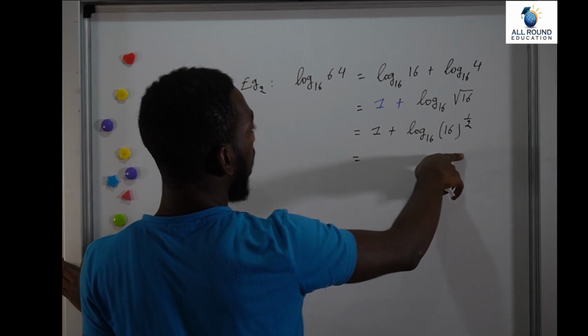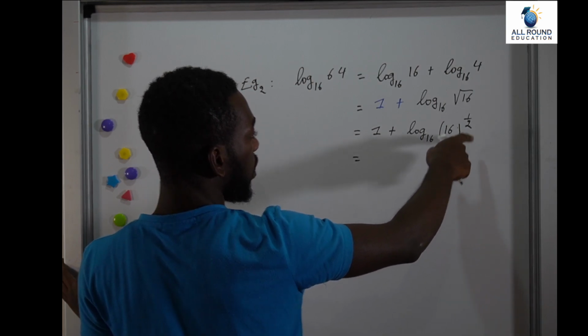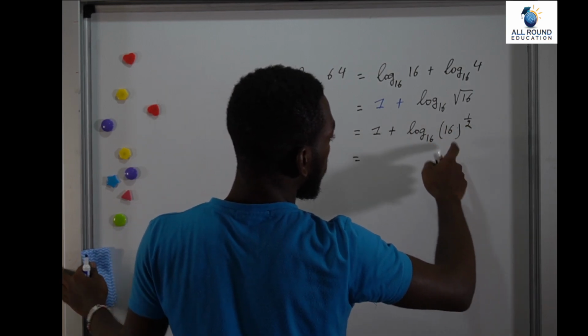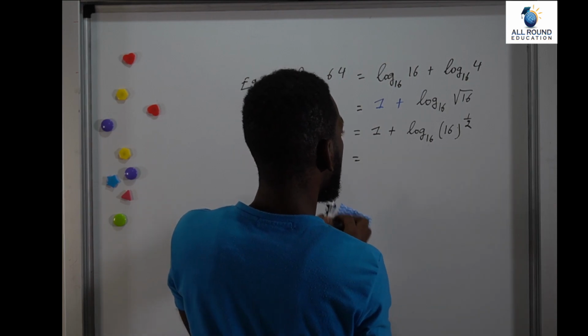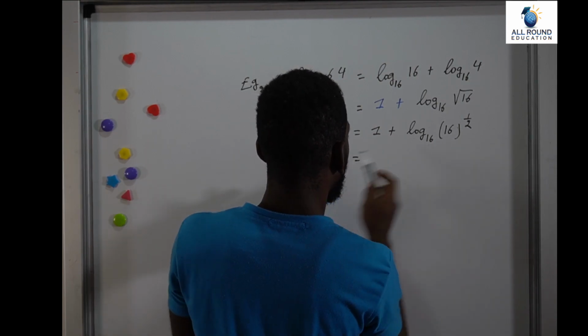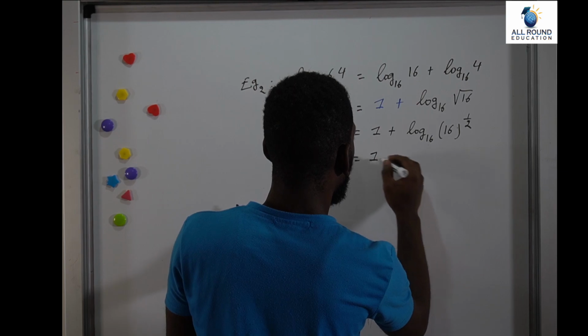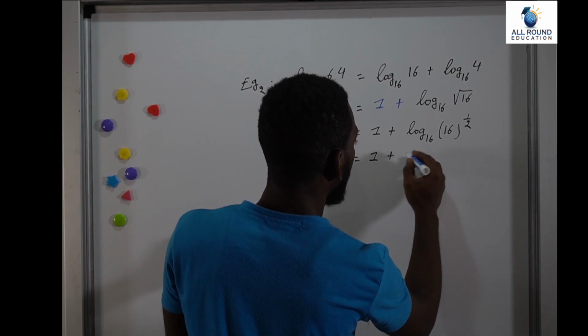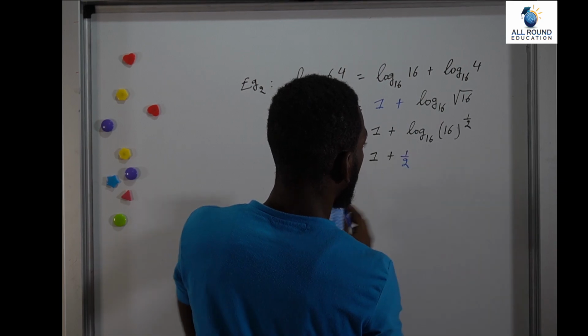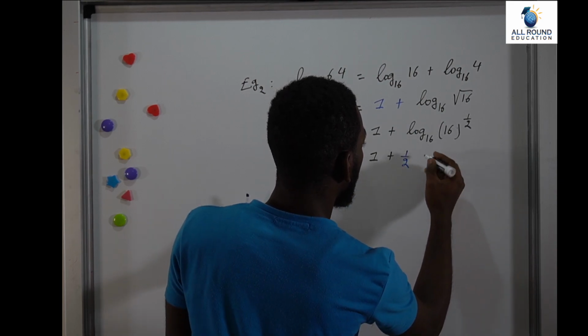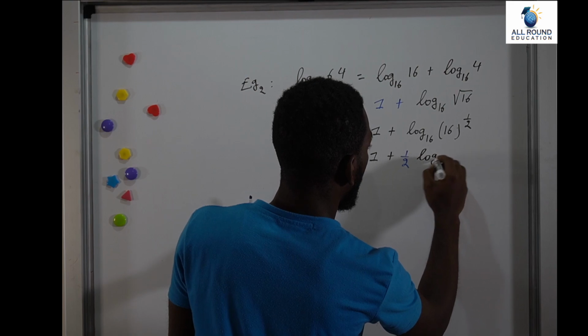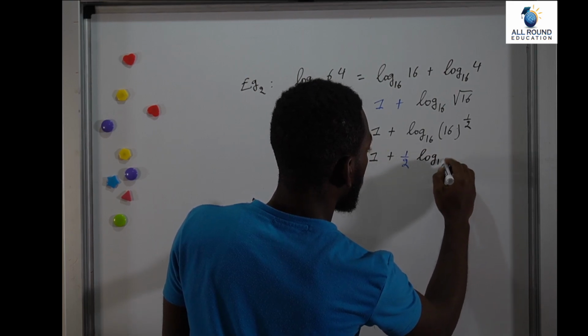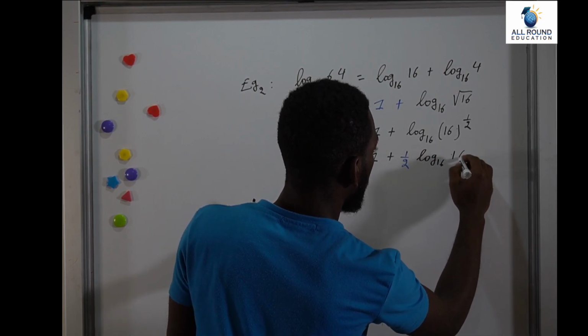And as I mentioned, one of the log properties allows you to take the power in front and keep the rest as it is. So in that case, I would then have 1 plus a half in front, and I have log base 16 of 16.